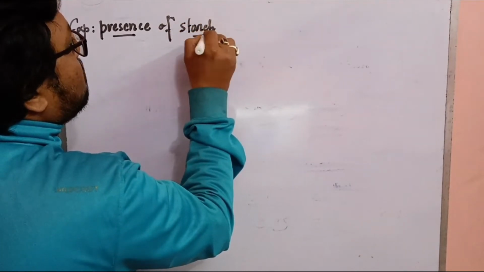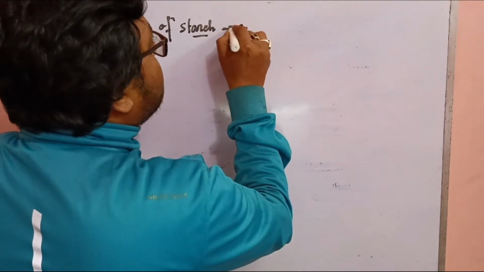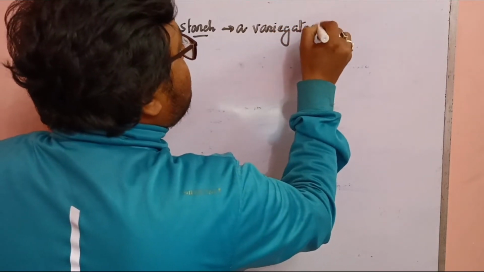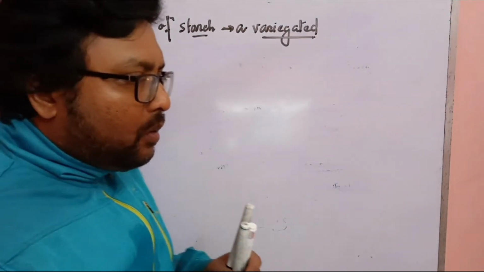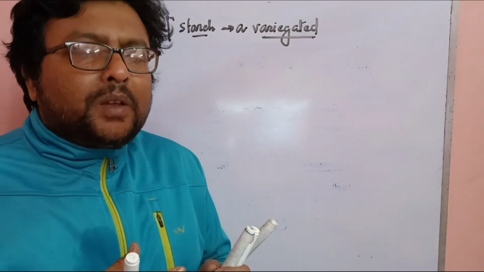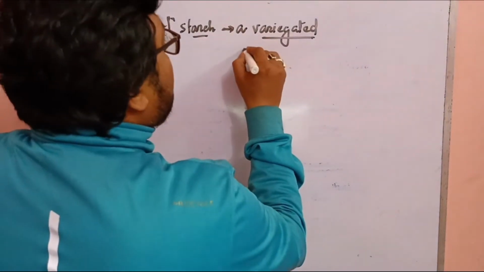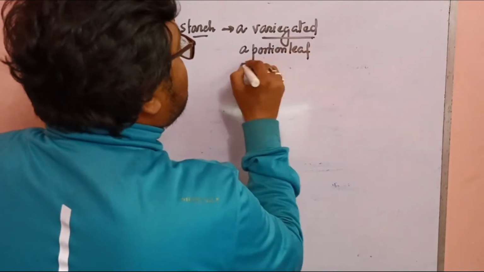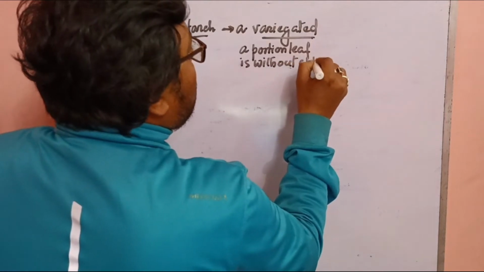In this experiment, a variegated leaf is generally taken. What is meant by a variegated leaf? A variegated leaf means a leaf where a portion is chlorophyll-less, without chlorophyll.